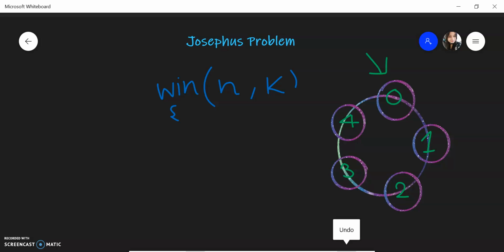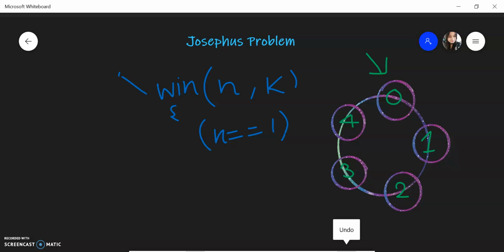If the last condition is only one person remaining, the game will be over because one person has survived and no other person is left to be killed. So that means the base condition will be n equal to 1. In this case, what should we return?